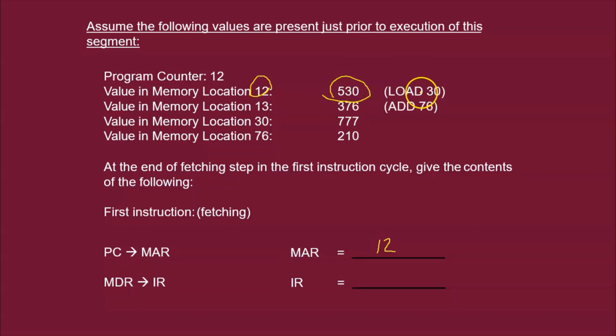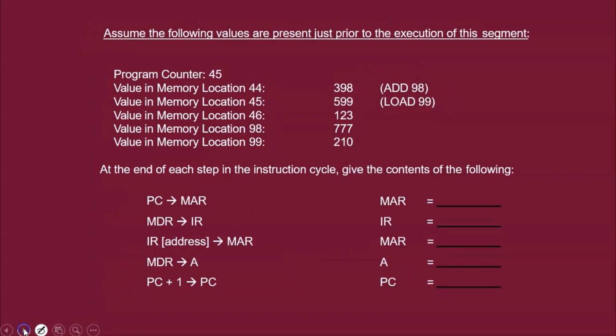But the assembly language is load 30. But this is not the real assembly language. So you can see here 30 represents the operand. But 5 is an opcode. Okay, so what it has to write in IR is 530.